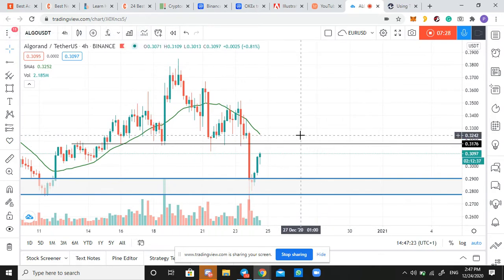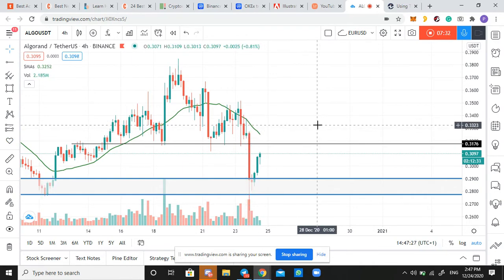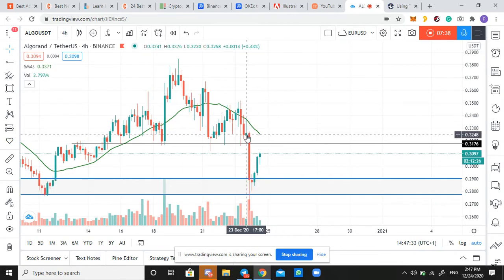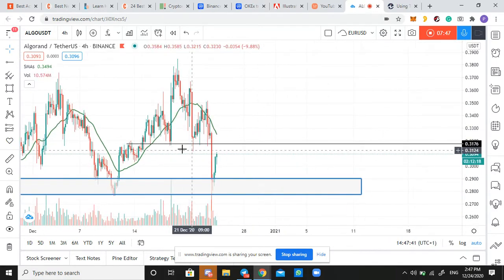So I was expecting that this would be a continuation signal. So I entered after this green candle. Now, I entered before the confirmation of the pattern itself.